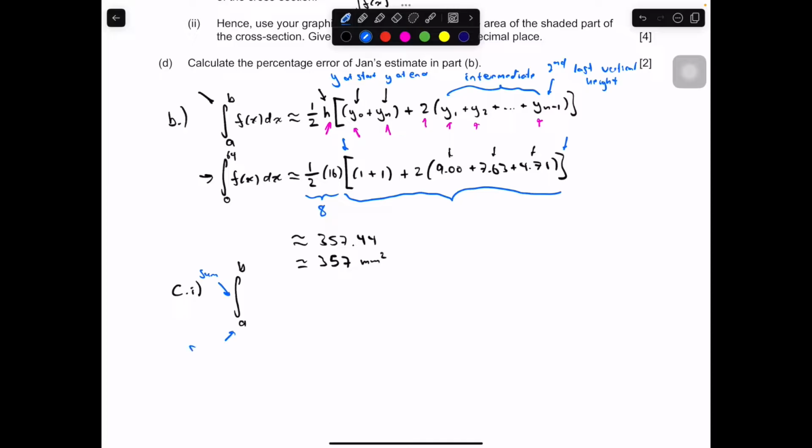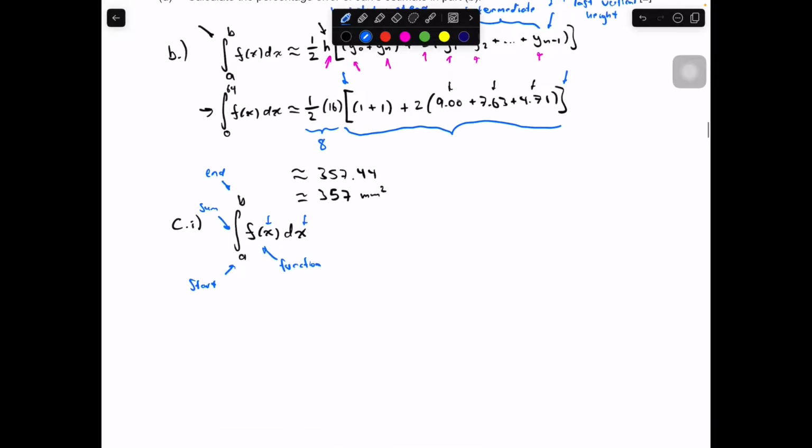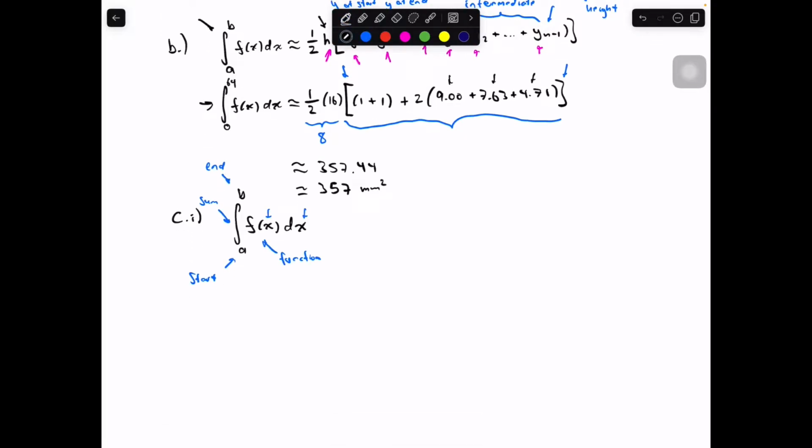So this is the start, this is the end, and then we have our function. And in the IB, in AISL, it's always in terms of dx, but really you just want these to match. And so this thing right here, this f of x, is just our function, the thing we want to find the area under. So let's go write that out and fill in the blanks.